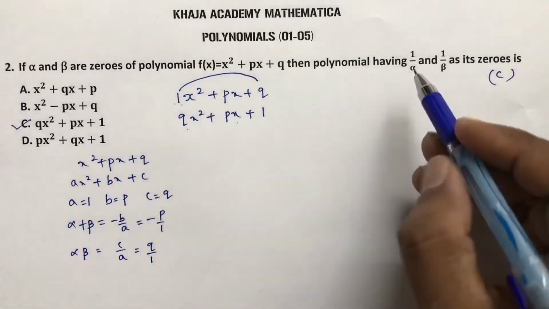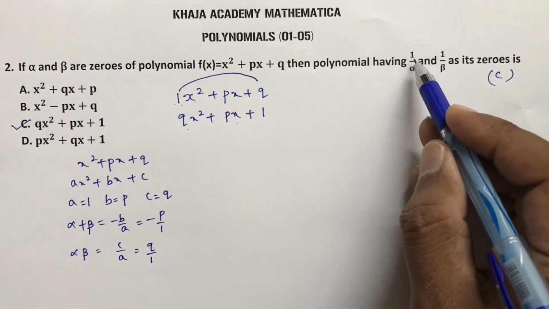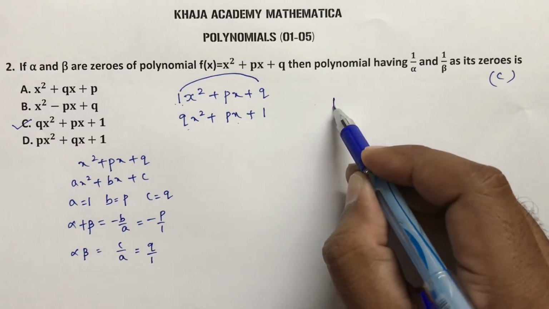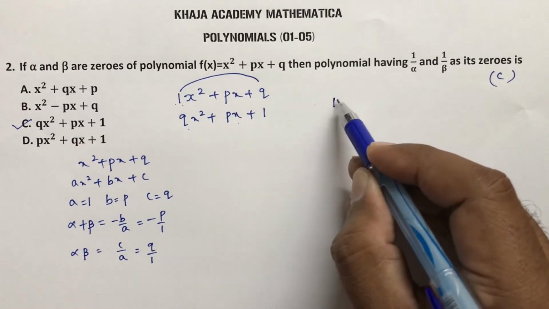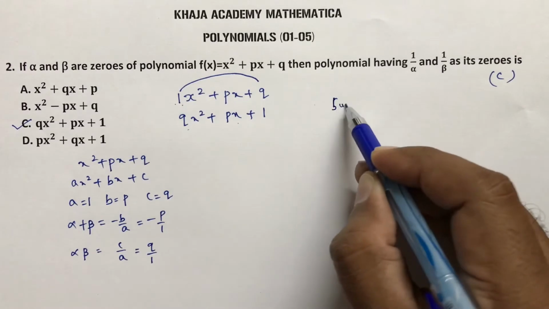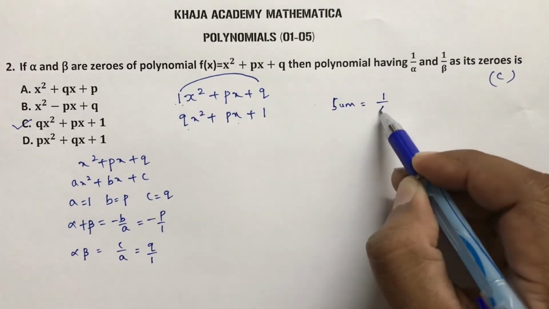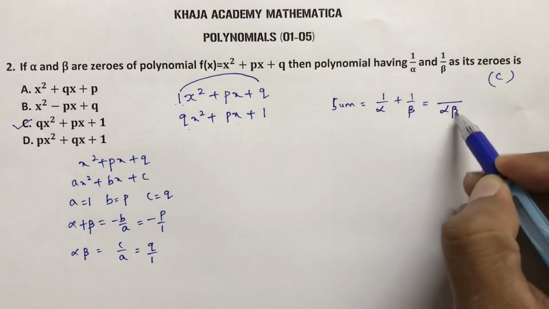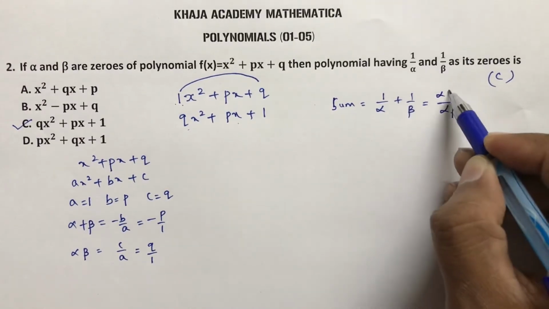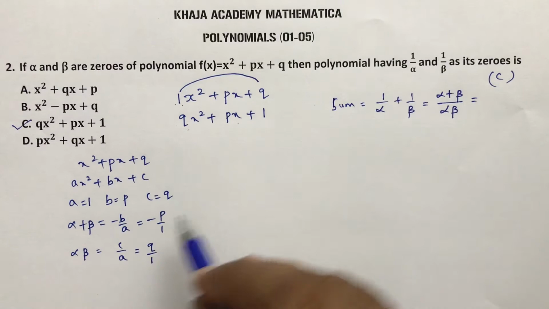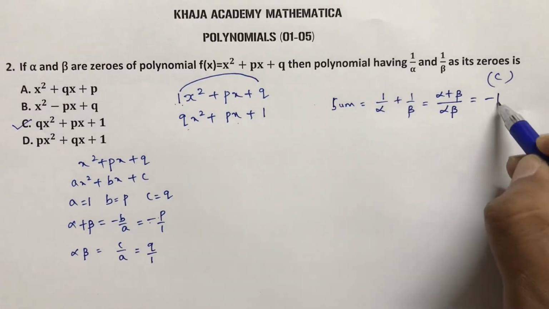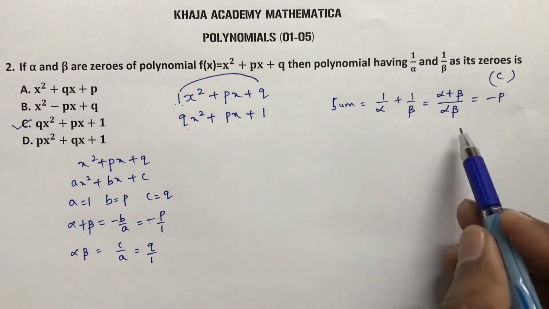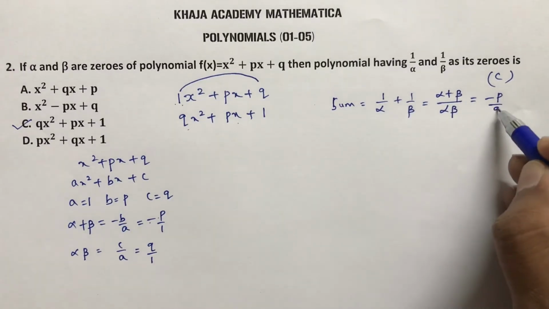Now I need to find the quadratic polynomial whose zeros are 1 by alpha, 1 by beta. You can use the formula, or otherwise first find the sum. Sum is 1 by alpha plus 1 by beta. Alpha beta is the LCM, so alpha plus beta over alpha beta. Alpha plus beta is minus p, and alpha beta is q, so minus p by q.